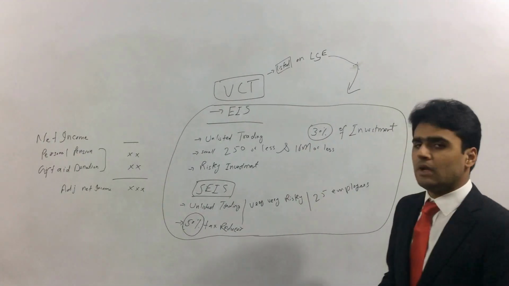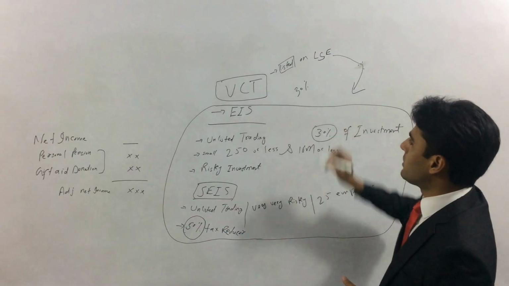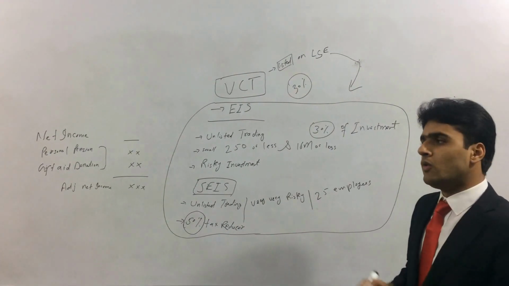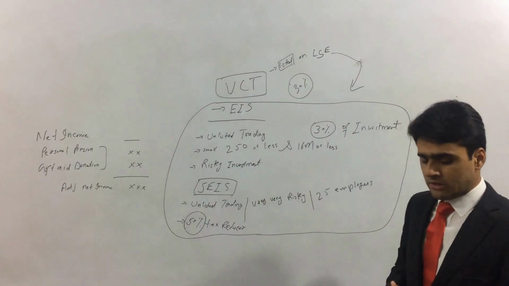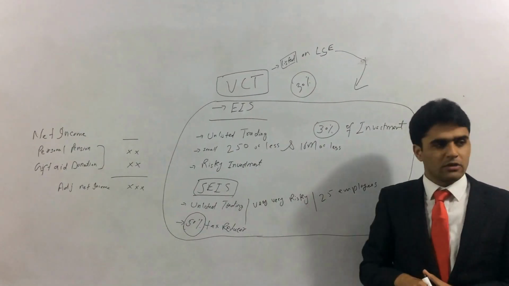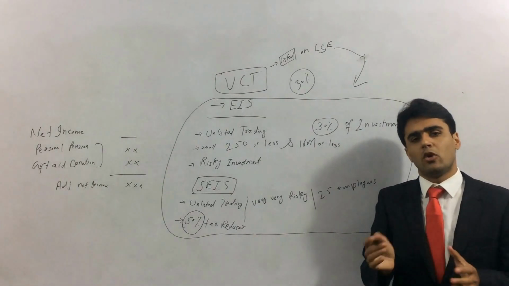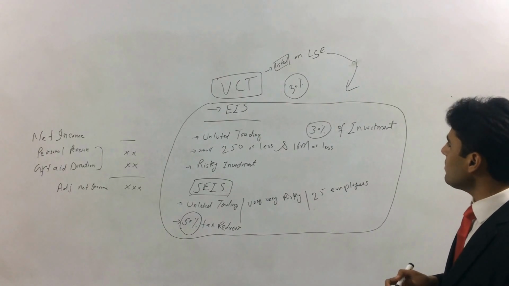What is the benefit of investing in VCT? It is again 30%. So 30% of whatever you invest in VCT will go to your tax reducers, and it will reduce your eventual tax liability. So you will have to pay less tax than you normally pay, because it will reduce the tax liability. All right.